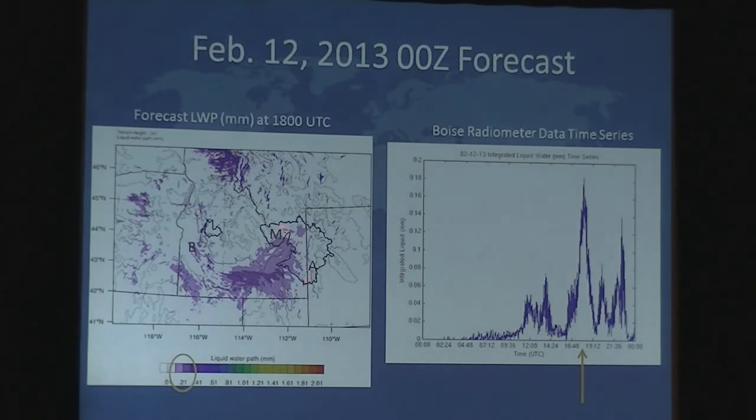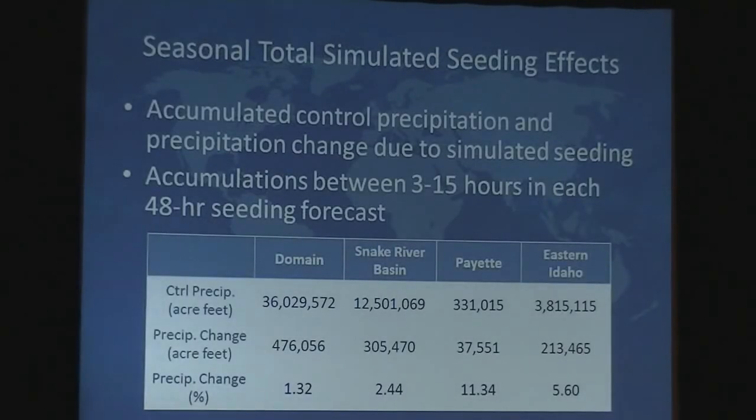There's also radiometers at Mud Lake and Afton, so we have 3 radiometers in the full domain to do these kinds of analyses to help verify the model, as well as we have snow gauges and soundings to help do some more verification. So on a seasonal total, and I will first mention seasonally, since we have that overlap in the forecast, we've stitched these together by accumulating the precipitation between hours 3 and 15 in each of our 48-hour seeding forecasts, so we don't have the duplication here.